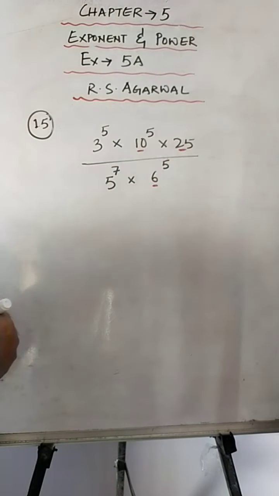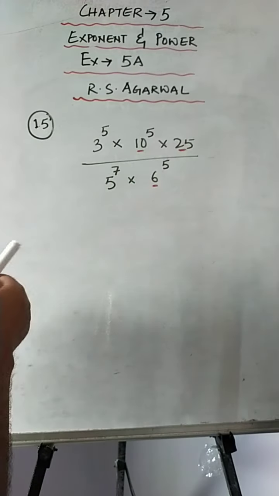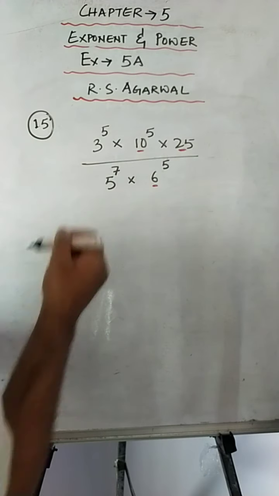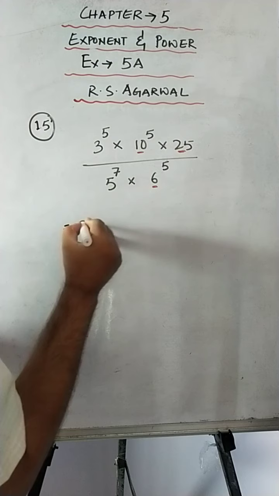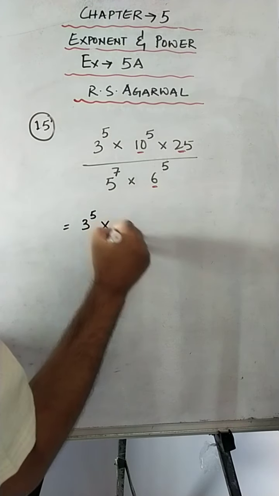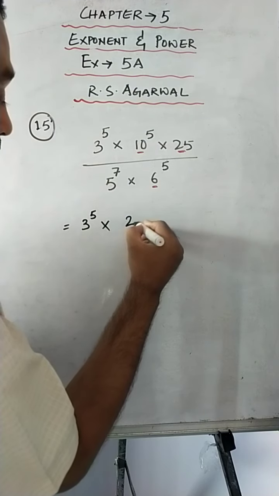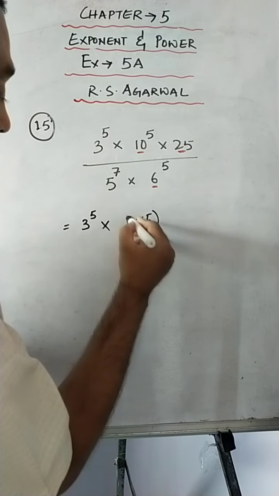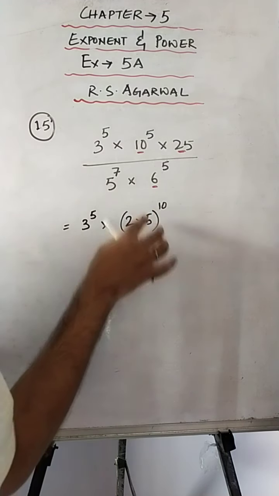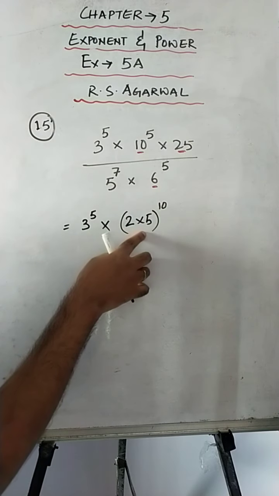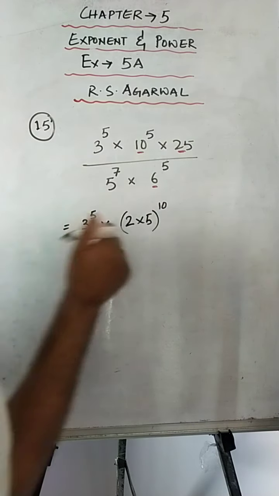Okay, now see, these are my targets. Now what to do with all those composite numbers then? So we'll keep this part intact, that is 3 to the power 5 into, now how to write 10? So in place of 10, can we write this 2 into 5? Isn't it? If we do the prime factorization of 10, we'll get this one, 2 into 5, that would be to the power 10.